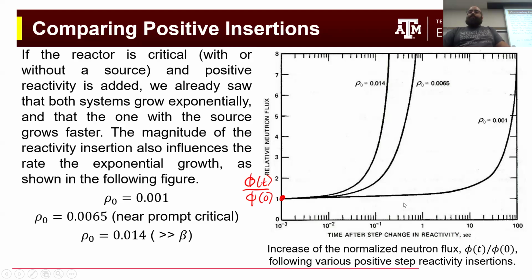And so in all of these cases, you increase exponentially, but notice that the exponential increase occurs a lot faster, depending on how large rho zero is, which makes sense in that if you just have a larger reactivity insertion, you're going to end up with more neutron multiplication. You're going to end up with a larger multiplication factor, and that's going to result in your population exponentially increasing faster than it would if it was a slightly smaller positive insertion.